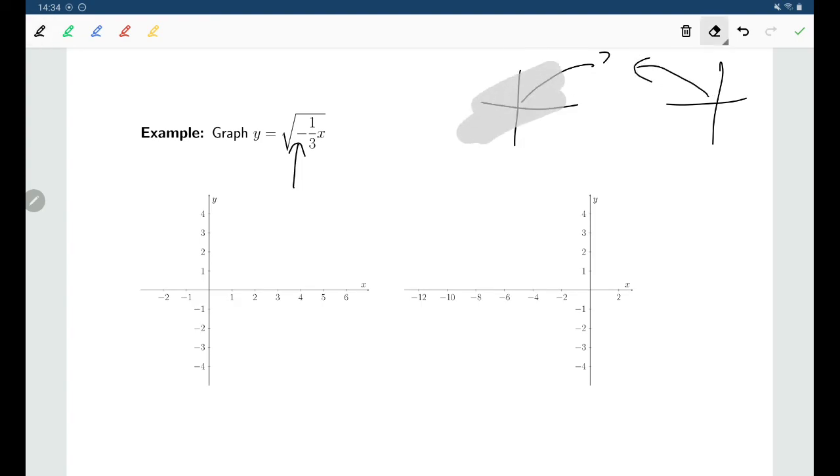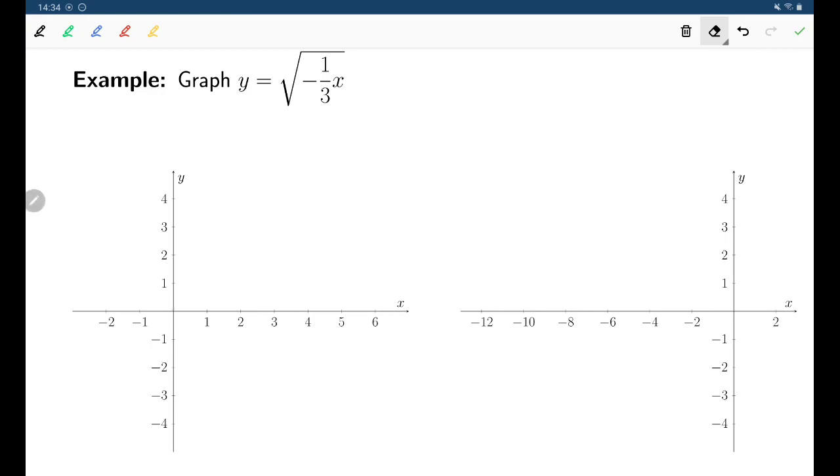The other part that we have, that -1/3, we're going to be dividing every x coordinate by -1/3, which is the same thing as multiplying every x coordinate by -3. So in addition to the reflection, it's also going to be 3 times larger, or 3 times wider, than the original graph. So the original graph, let's plot it.